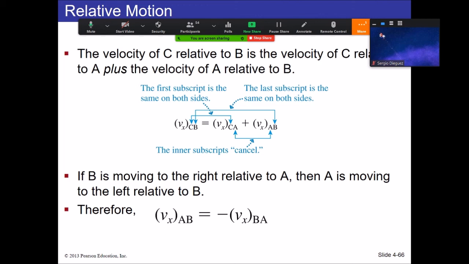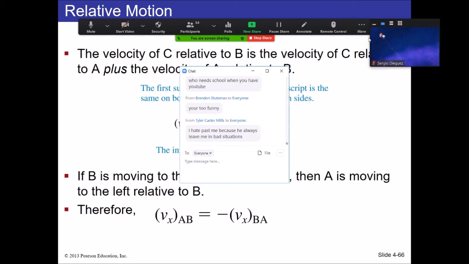So if you were to swap the subscripts here, you can do that by simply throwing a negative sign right in the front of it. Because again, if one is moving 30 meters per second one way, according to one, the other one's going to say that the other one's going at that speed in the other direction. And that's why we're able to justify that.